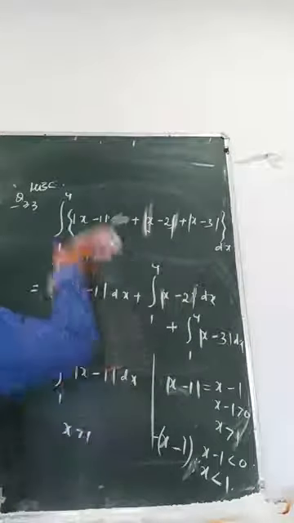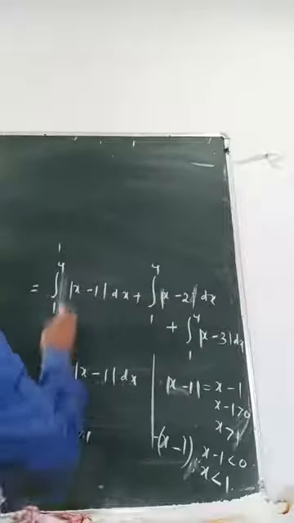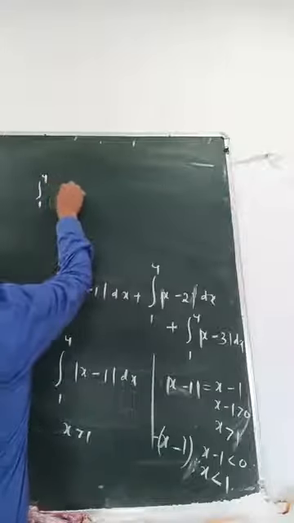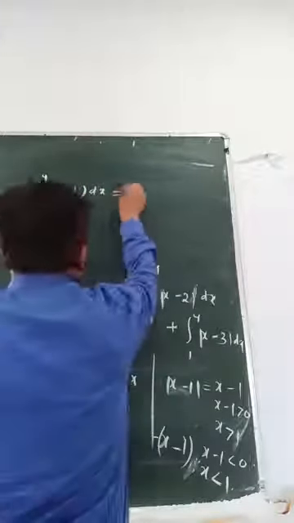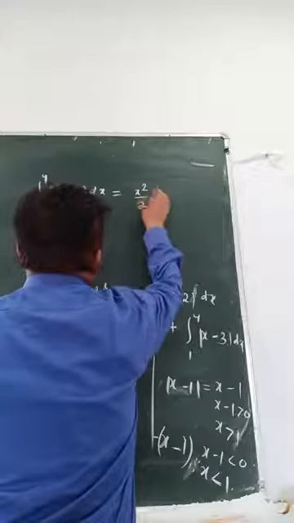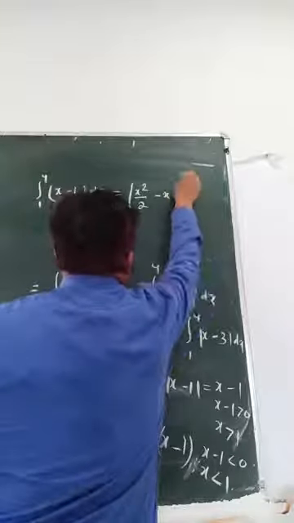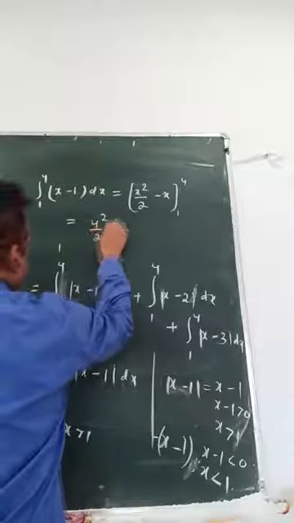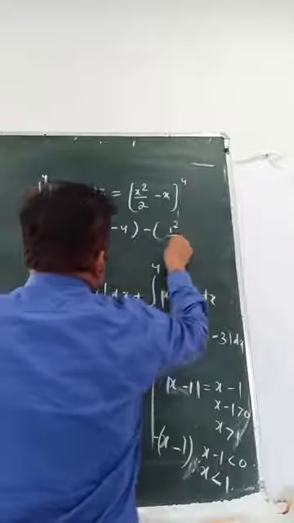So I can write, that is, 1 to 4 only x minus 1 dx. Integrate: x square by 2 minus x, that is 1 to 4, means 4 square by 2 minus 4, minus 1 square by 2 minus 1.